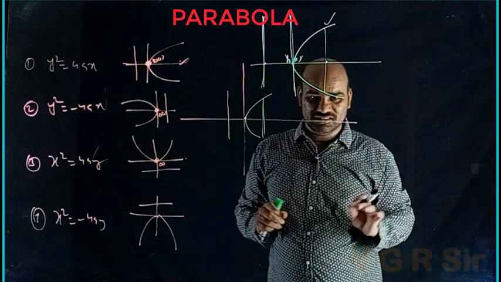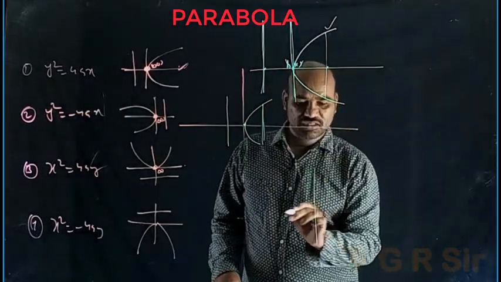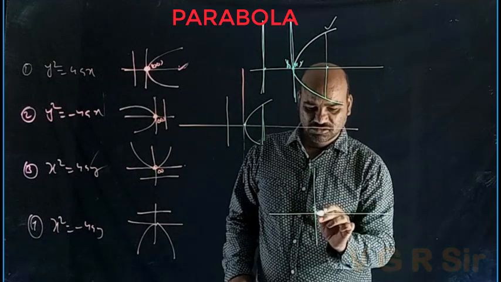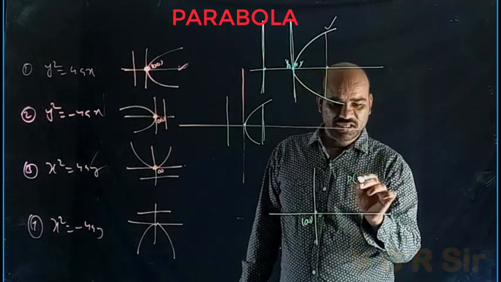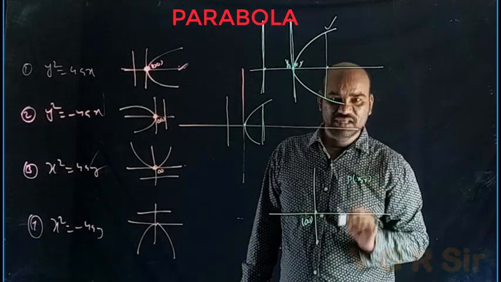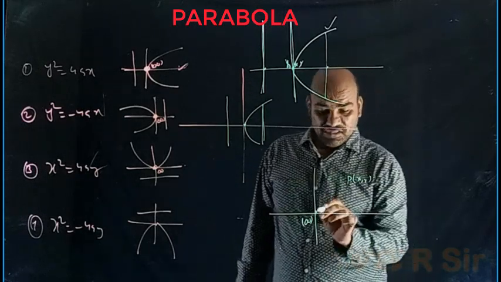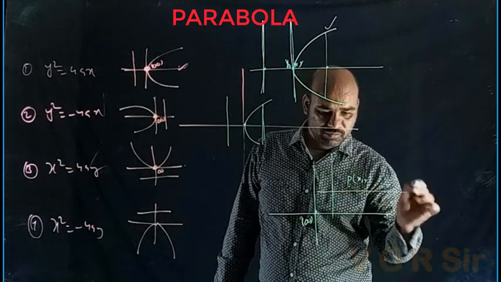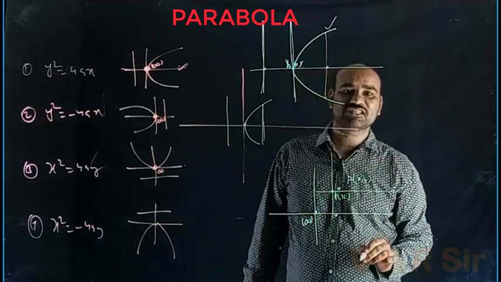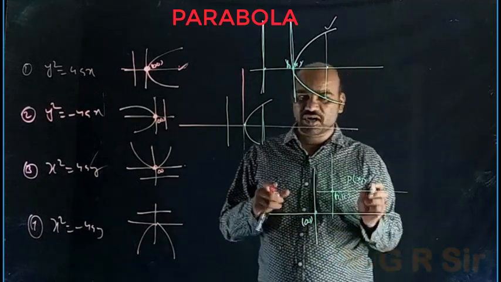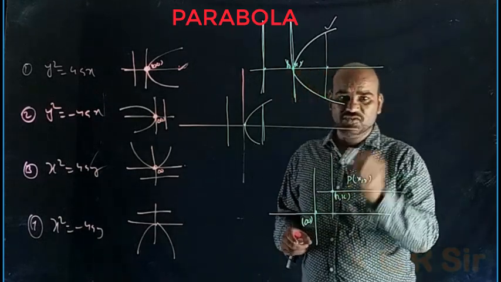Transformation of axis. For example, this is the y-axis and this is the x-axis. 0, 0 is the origin. P, small x comma y, is a point on the plane. If this origin is shifted to some other point h comma k by translation of axis without changing the direction of coordinate axis, origin is shifted from one place to another.